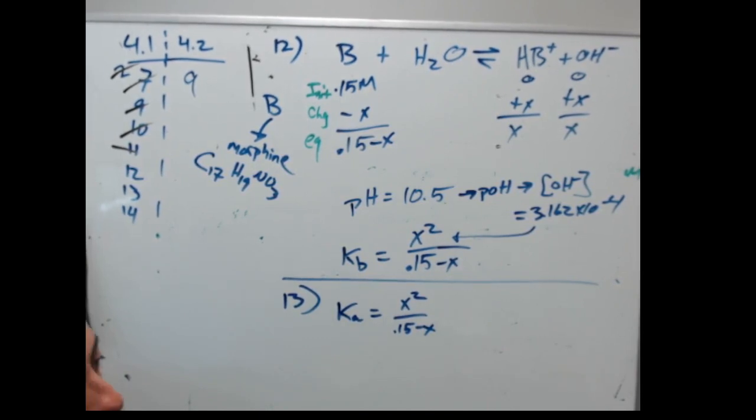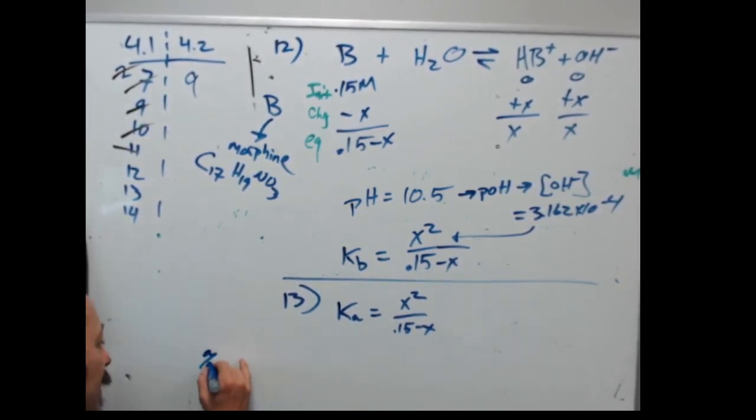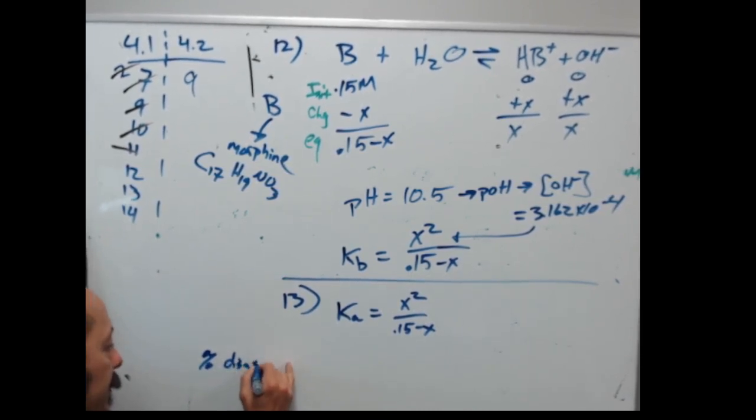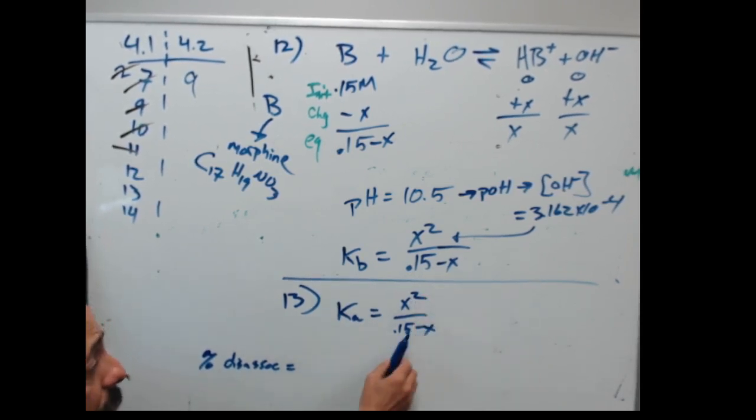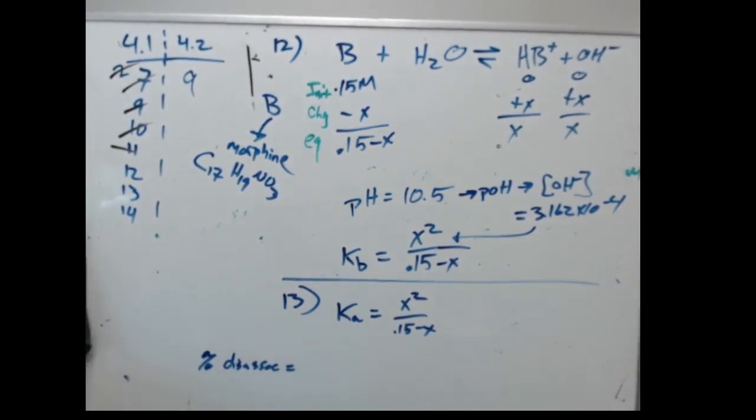I could set up the equilibrium table, but it just says percent disassociation. The thing here is the language of what percent disassociation means. It's got to be telling us something about Ka, or X, or the initial concentration.